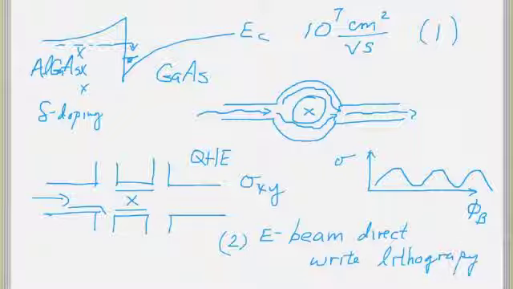So these were the two experimental drivers. One, you had these very high mobility two-dimensional electron gases in these AlGaAs systems, and then using E-beam direct write, you could make these structures.